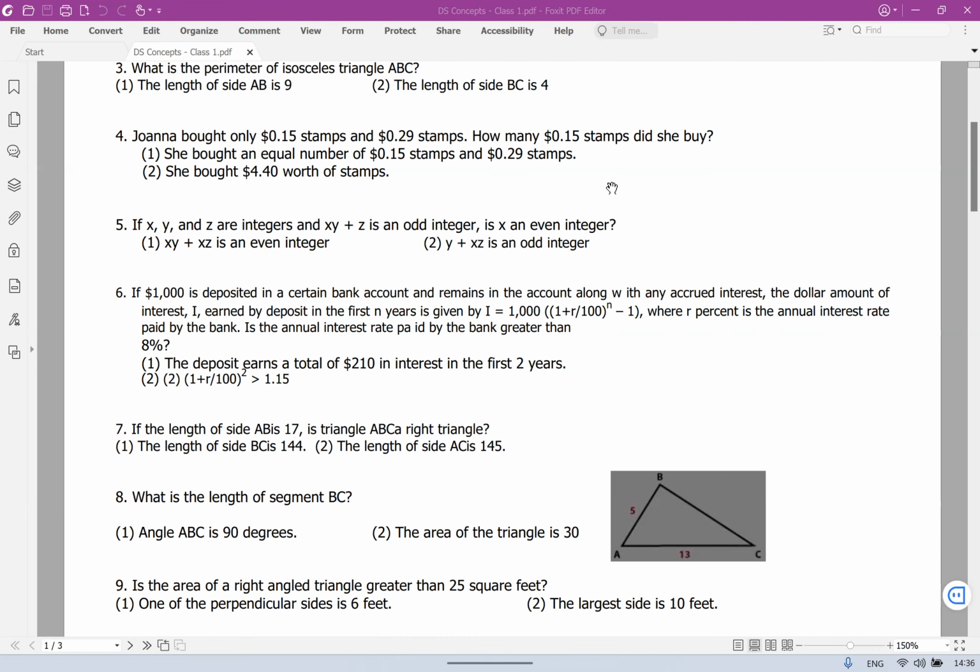So you should not take more than 20 seconds in this question for sure. 100%, if you're taking more than 20 seconds, there's some mistake that you are making.